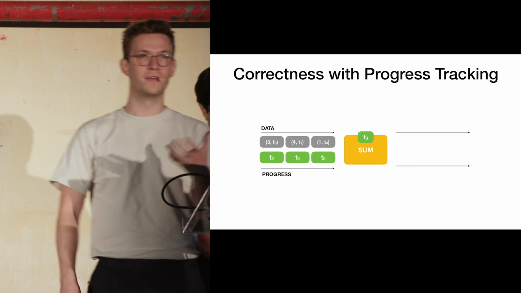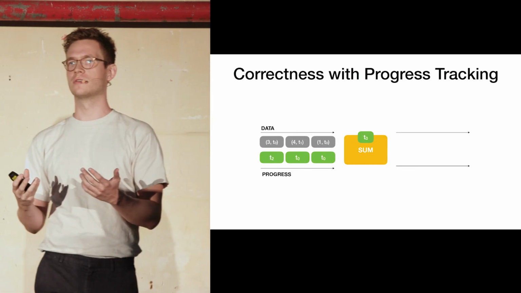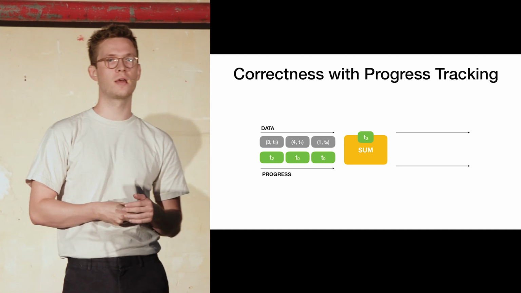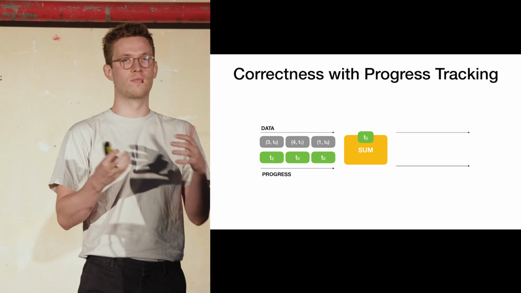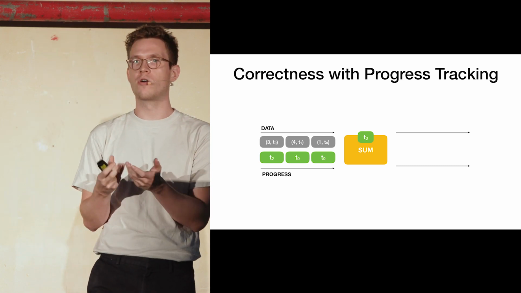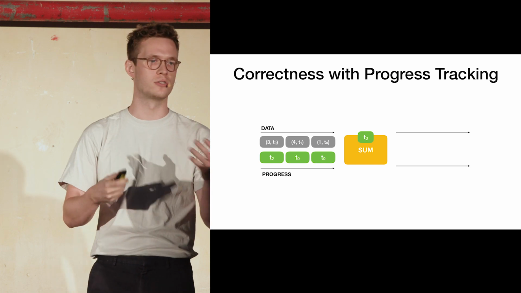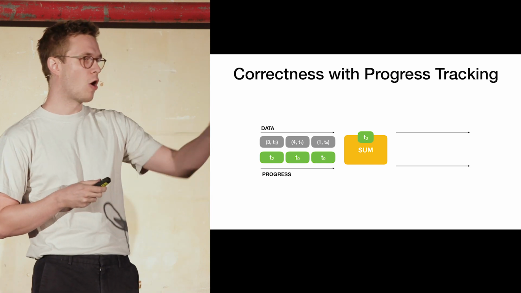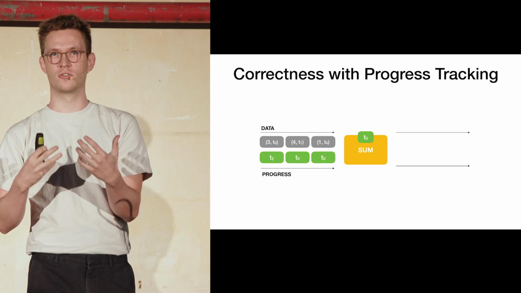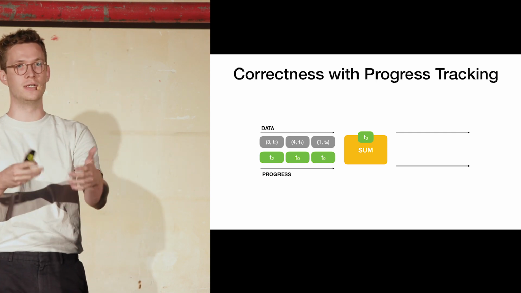So if we now revisit our example with progress tracking, the first thing you might notice is that we have now, in addition to the data plane, introduced a progress or control plane. And you can think about these progress messages as similar to watermarks in other streaming systems such as Flink. And also our operator now keeps track of at what times it can still expect to see data.